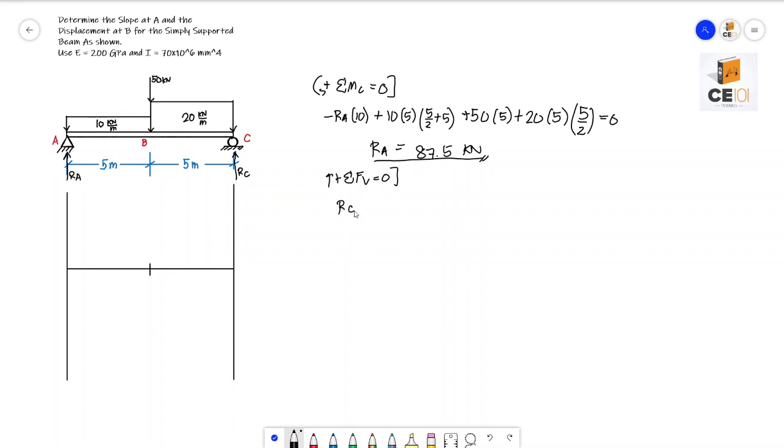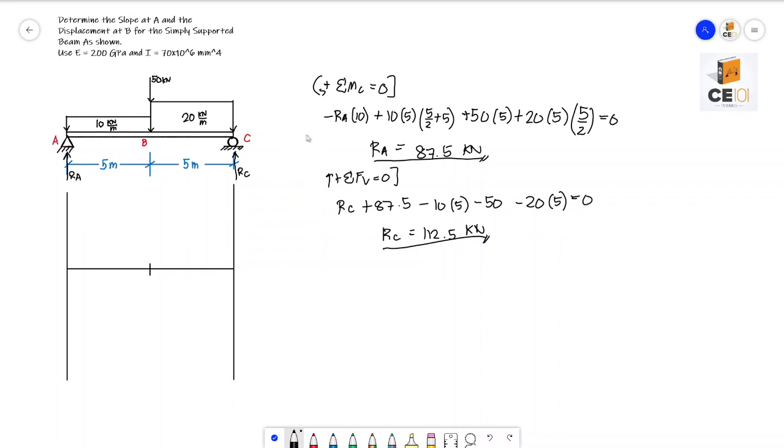So RC, pataas assume natin, plus 87.5 kilonewton minus 10 times 5 minus 50 minus 20 times 5 is equal to 0. So yung RC natin will be equal to 112.5 kilonewton. So ito yung mga ating reaction. So i-clear muna natin to, then ilalagay ko dito yung mga reaction.